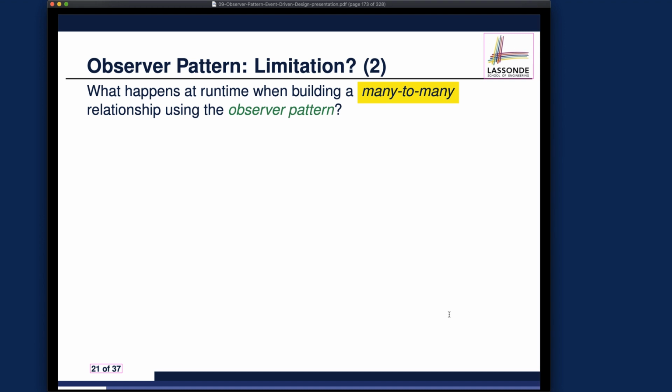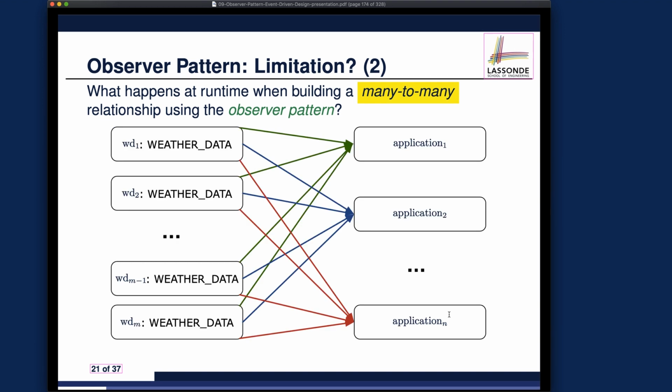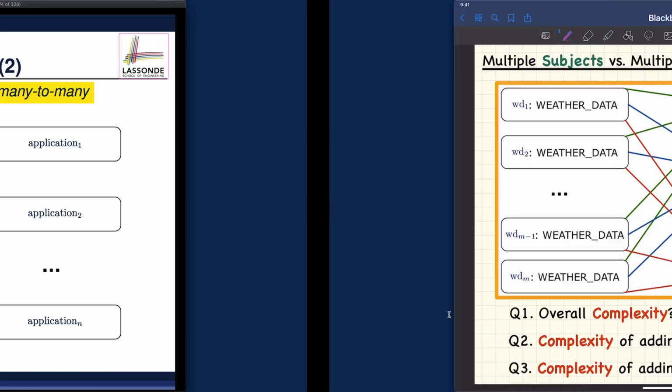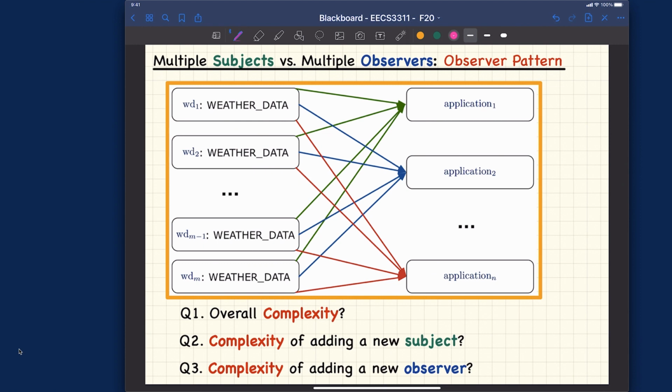Can you imagine, if you have multiple subjects on one side and multiple observers on the other side, how would the runtime links look dynamically? It will look something like this. Let's talk about this quickly to see the drawback of the observer pattern for solving this general problem.